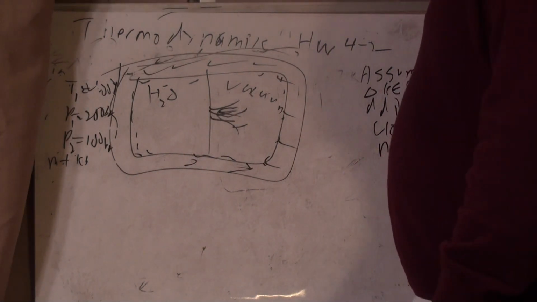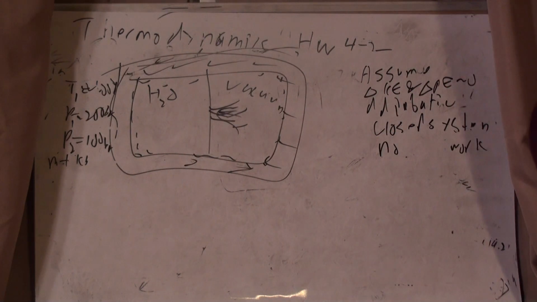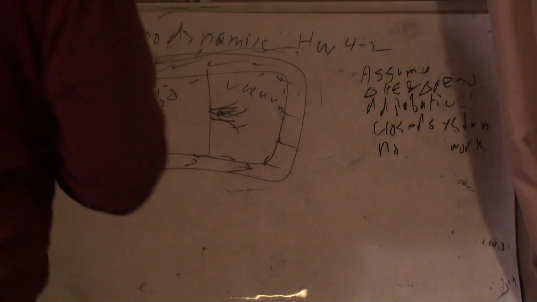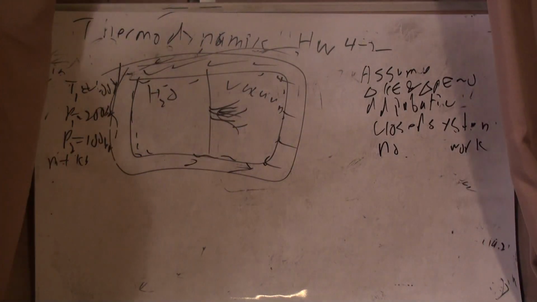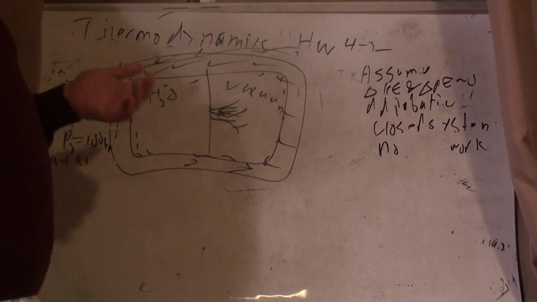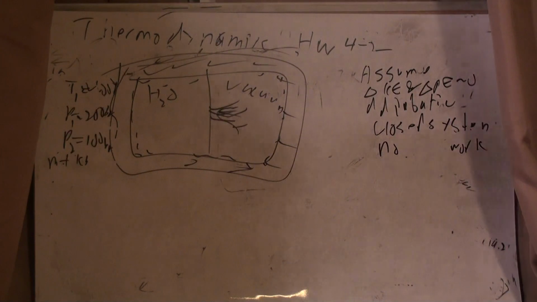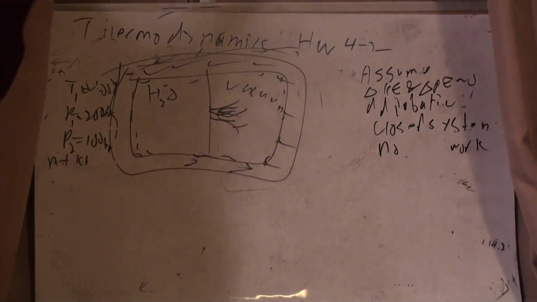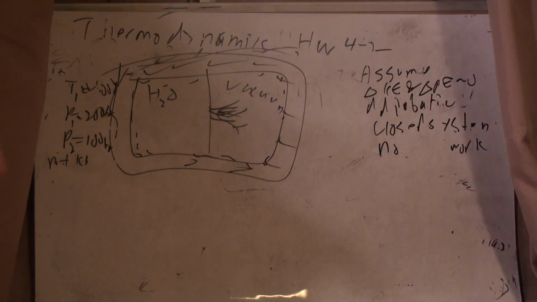So there's no work, no shaft work, no work as a whole. Maybe that seems like it's going to be a really boring problem. Well, it will be in the math, but conceptually it's pretty complex, because you've got to ask, should there be work here? Is there expansion? Yes, there is, but not of the boundary.